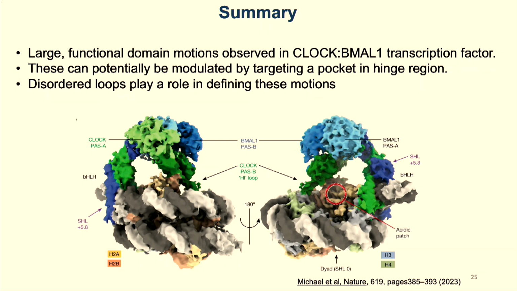Slightly hard because this could be an induced conformation, but we are looking to essentially perturb the structure so that it can bind this and we can get this particular conformation. There's no atomic resolution structure of any bHLH domain transcription factor which is anywhere close to this. All right.